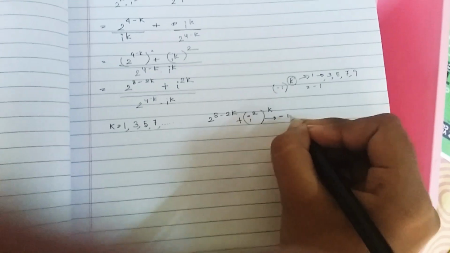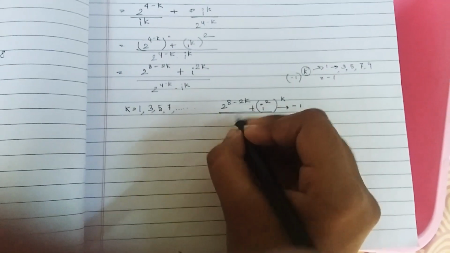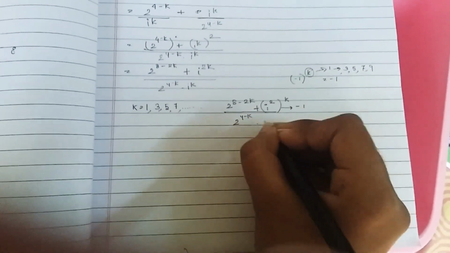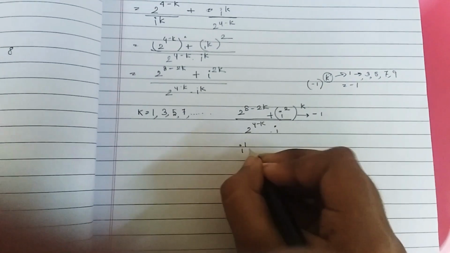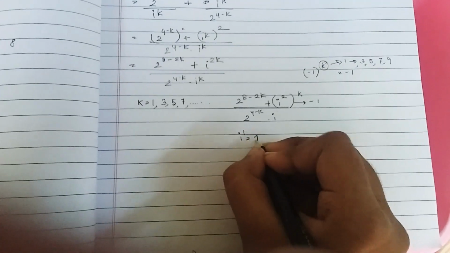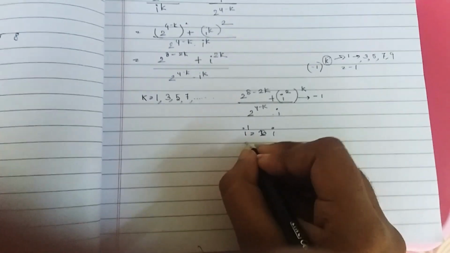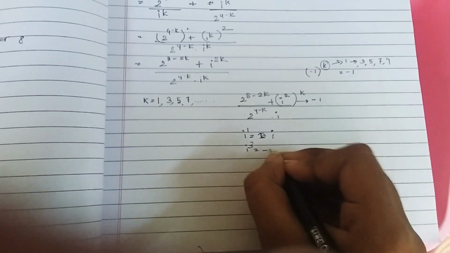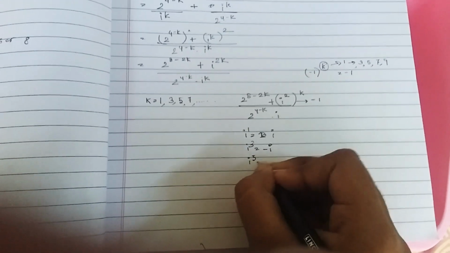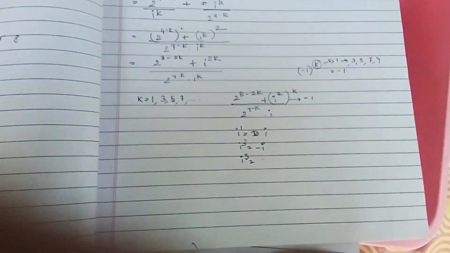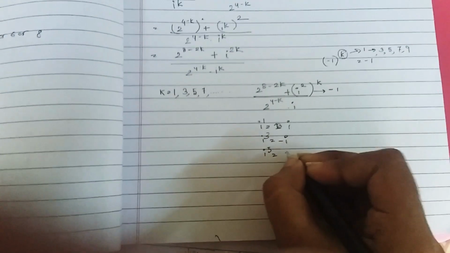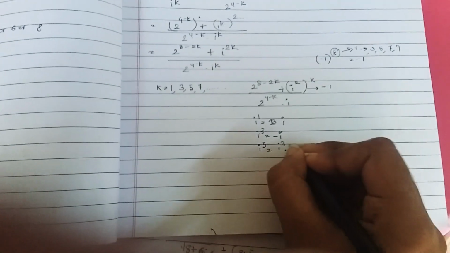So this will always have the value minus 1 in case of odd numbers, but in case of the downward i, it will differ, because i to the power 1 is i, i to the power 3 is minus i, and i to the power 5 is again what? i to the power 5 is i to the power 3 times i to the power 2.